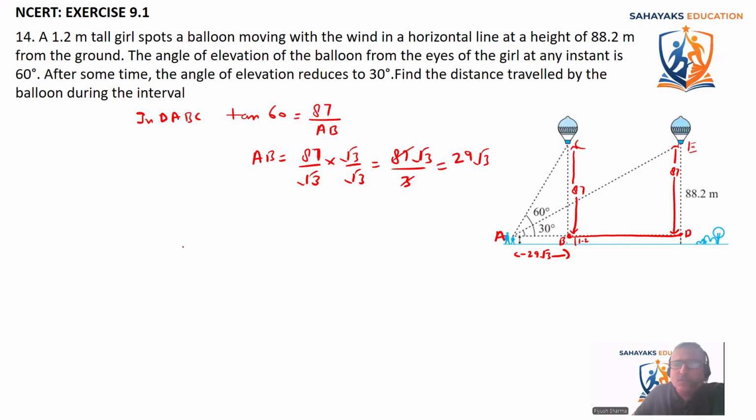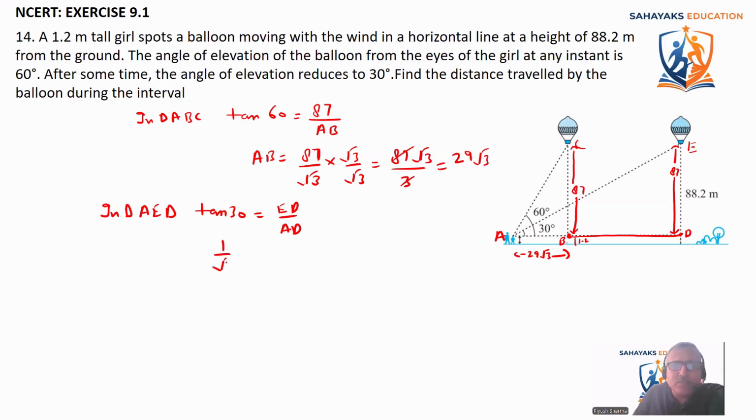Right. So now taking the triangle AED. In triangle AED, we'll say tan of 30 is equal to ED divided by AD. Tan 30 is 1 by root 3.